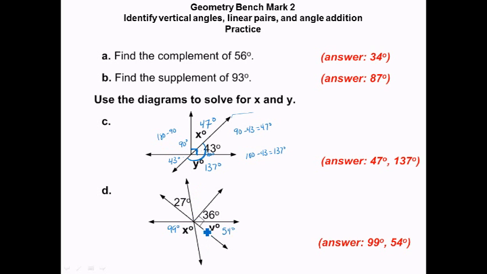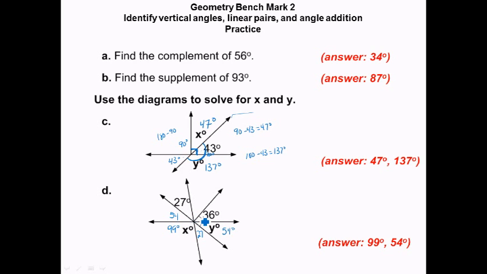Same over here, 27. These are vertical, so this would also be 27. These two are vertical, so this would also be 54. Right, see my straight lines? What I don't have is a straight line happening here, like a vertical angle thing happening, because this line doesn't come through.